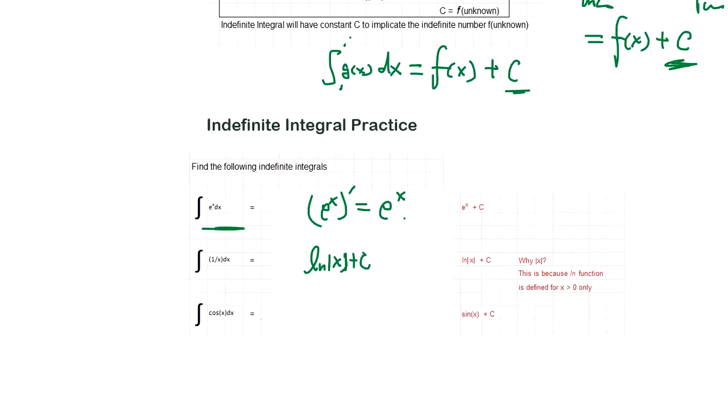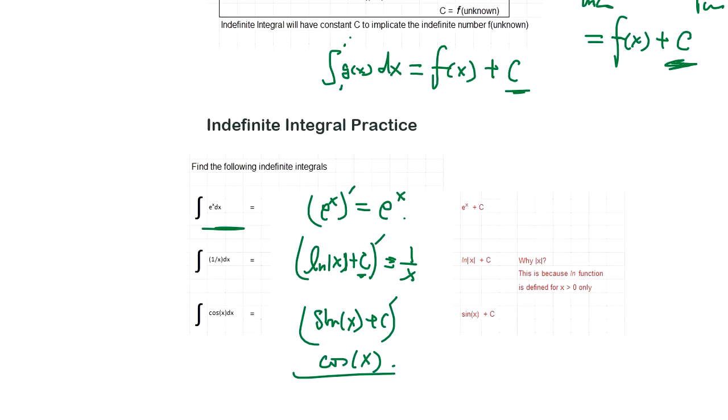This function's integral is a constant, becomes 0, and this is going to be 1 over x, right? So the proof is easy. You just take the derivative of the target function. The derivative is cosine x.